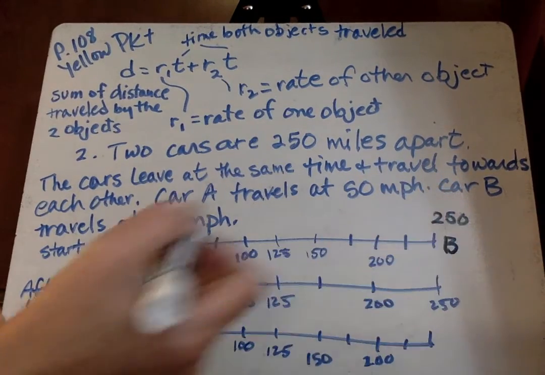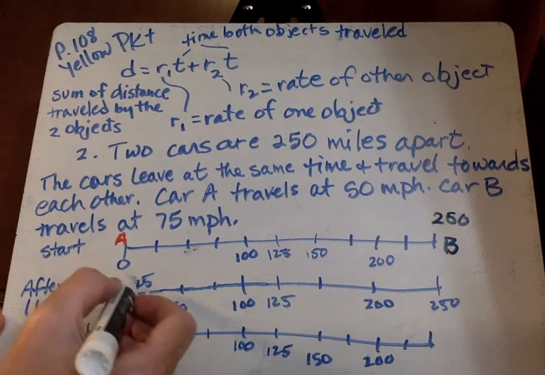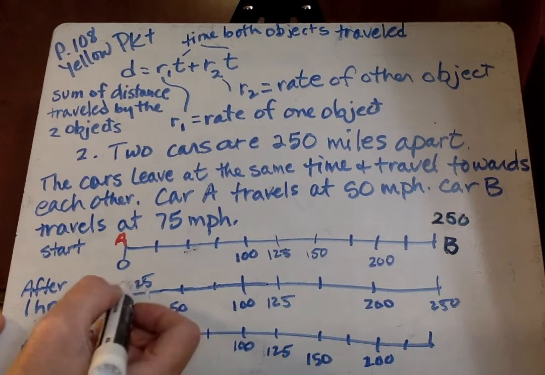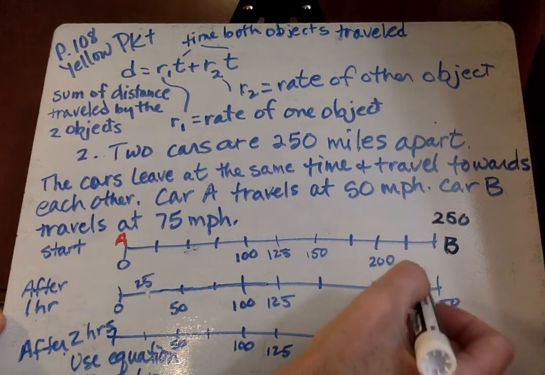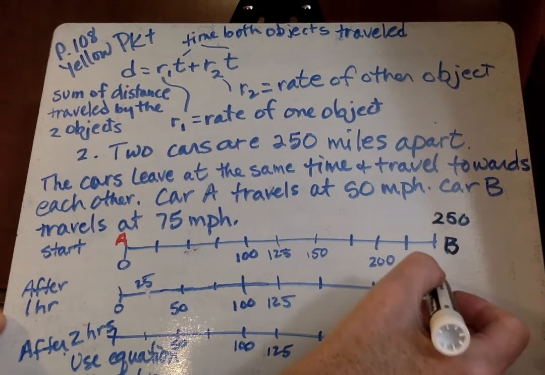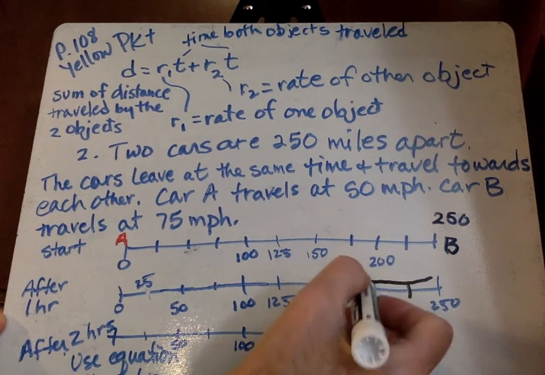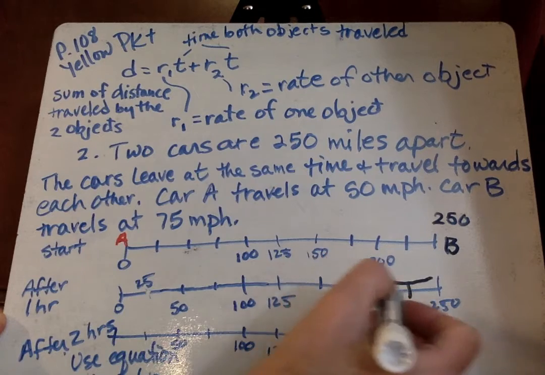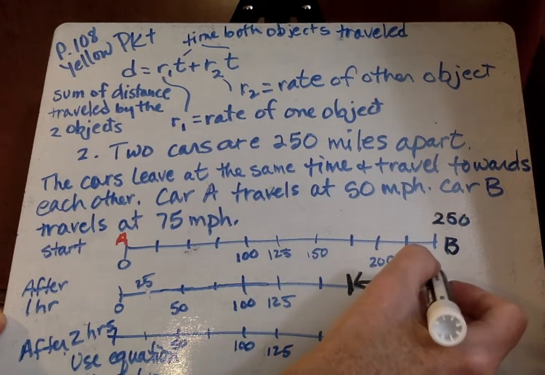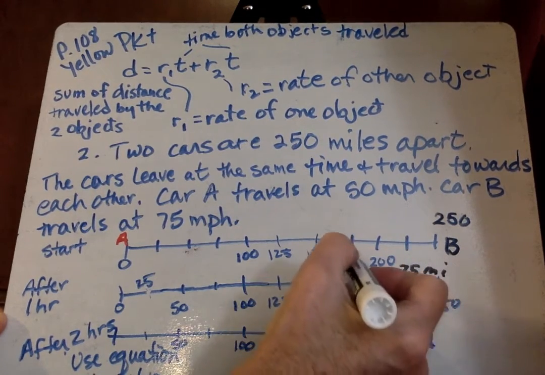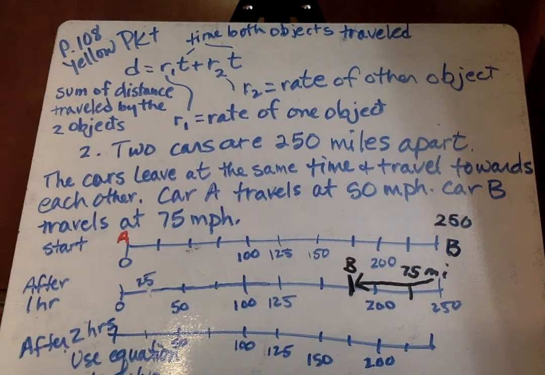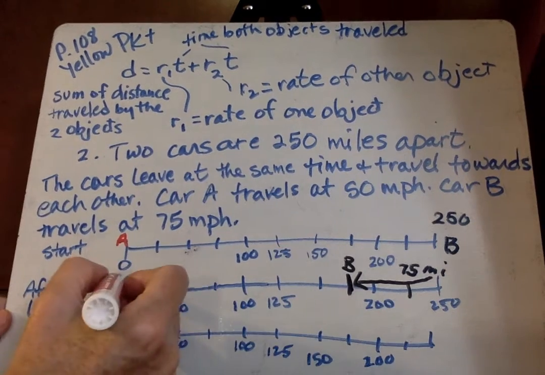And car B, okay? So after the first hour, A, again, is going 50 miles per hour. B is going 75. So in 1 hour, there's 75 miles. And this is car B, okay? And car A has gone 50 miles after 1 hour.